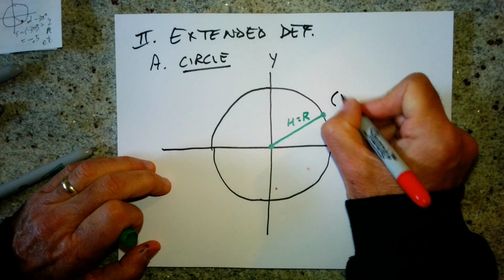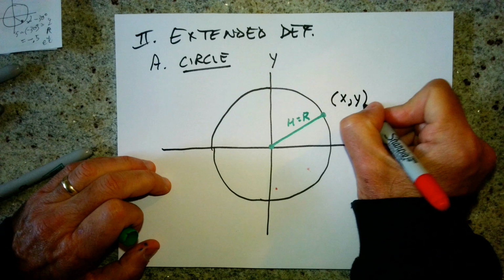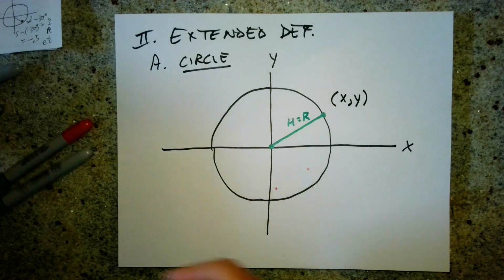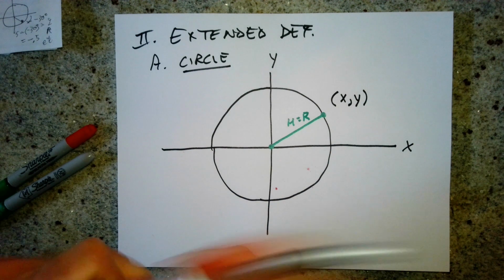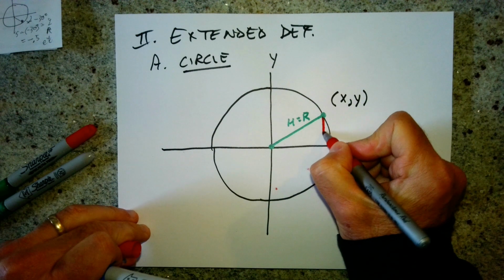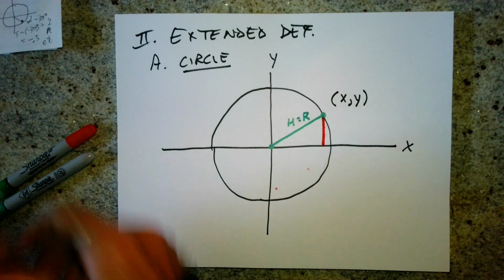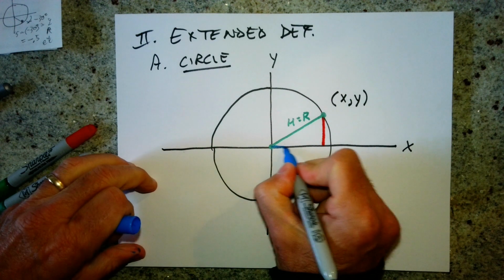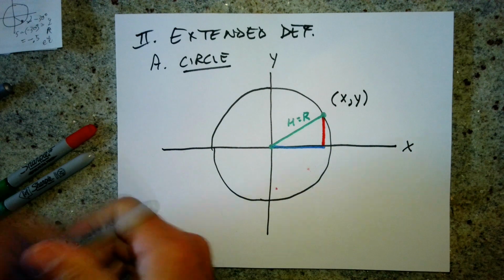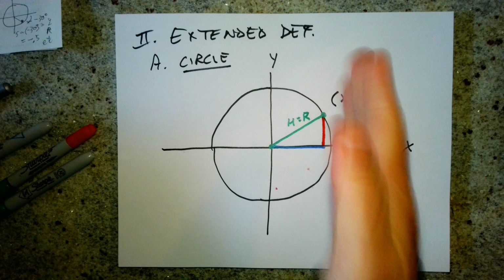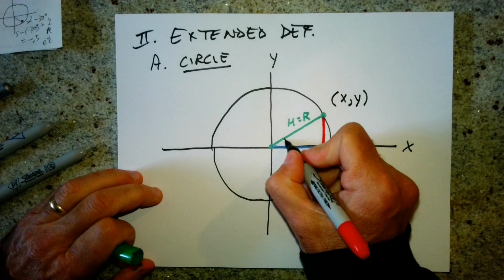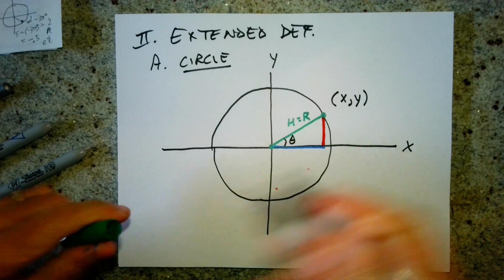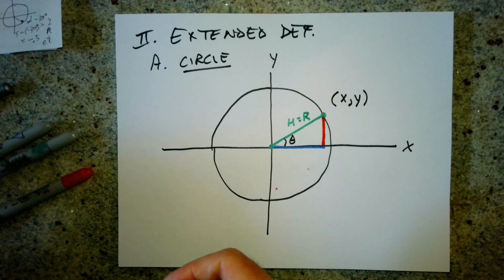That dot will have coordinates, which will be x comma y, of course. Now something very special happens if you complete this, making it a right triangle with an opposite side and an adjacent side. I like to use those colors, blue for x direction, red for y direction. And then this here being the theta. So at first it looks just like the triangle we had on the previous page.